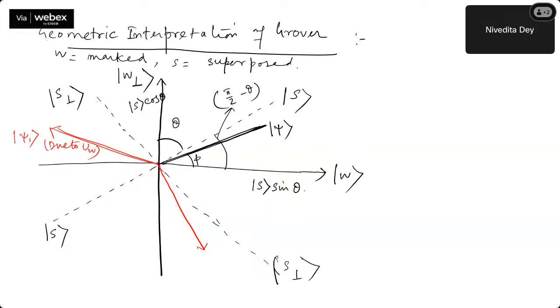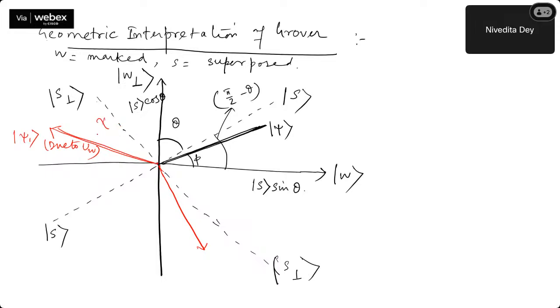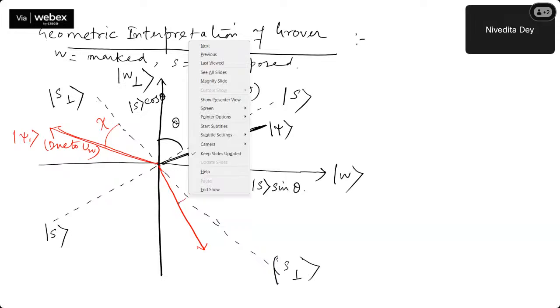Now say for example, what is the angle that it is making? With respect to the S perpendicular, this psi is making an angle of chi. So if this is chi, similarly, because of the vertically opposite angles, this will also be chi.